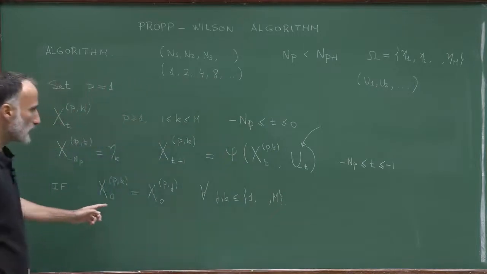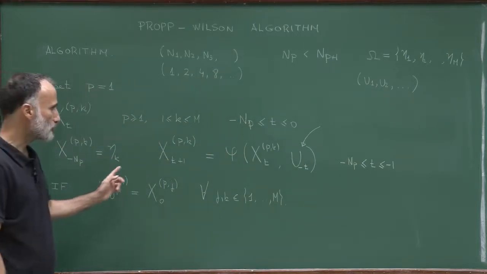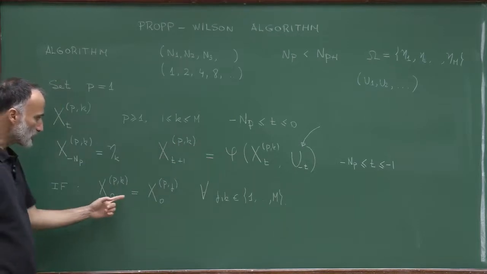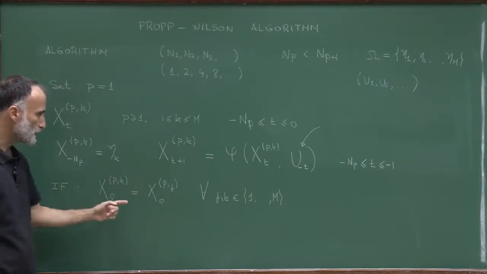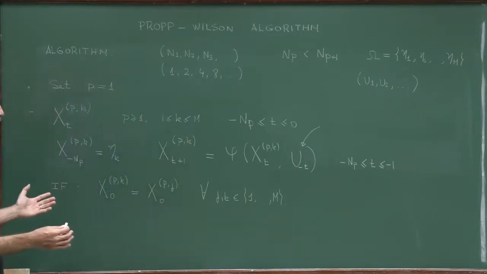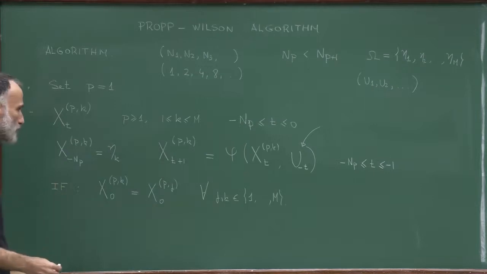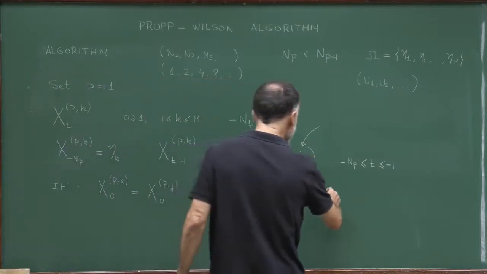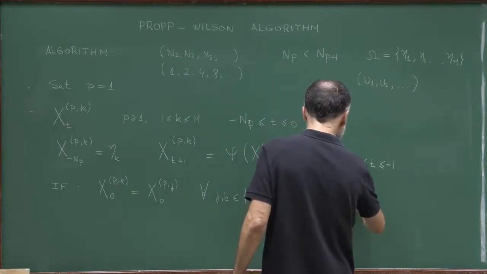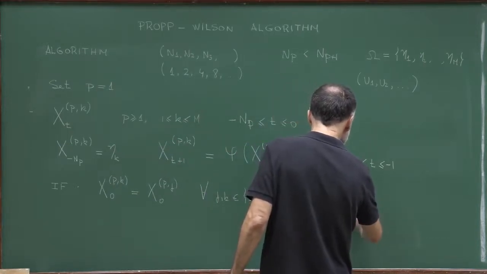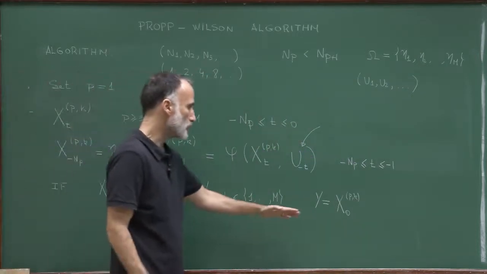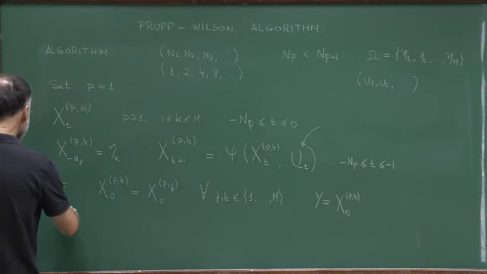If after running your chain from time -n_p up to time 0 all the chains have the same value, you say that you reached an end, so the algorithm reached an end, and you set y to be one of these values, x_p^k at 0.